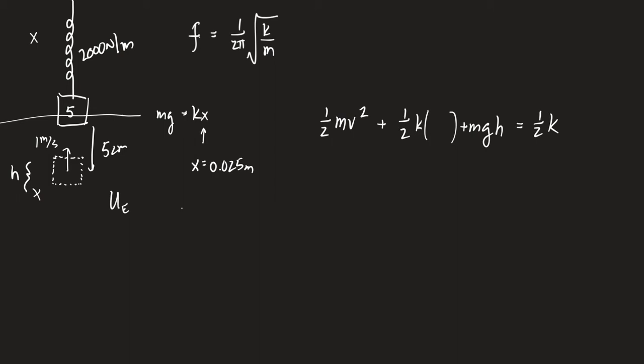Here's why we need that. If the mass wasn't there at all, the spring would have been up here someplace, correct? We put the mass on the spring that causes the spring to extend, storing elastic potential energy in the spring. We pull it down an additional 5 centimeters, so the amount of total energy in the spring at that moment has got to be 0.05 plus 0.025.